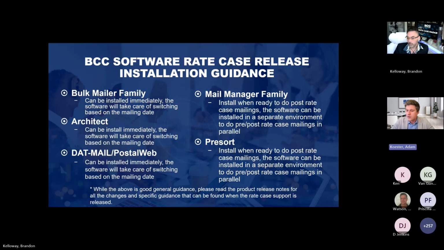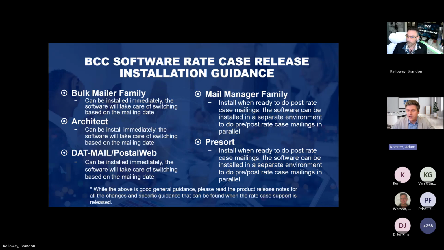You can install those pieces of software whenever you want, when you get them. Again, be looking very closely at release emails and release notes as we get those things out, and we'll be communicating the release dates as we get closer. But those can be installed immediately, and the mailing date for your mailing will pick up and use the correct rates based on that.